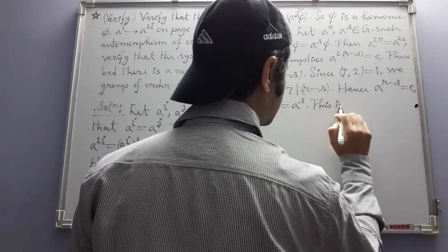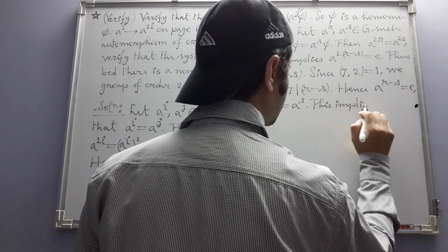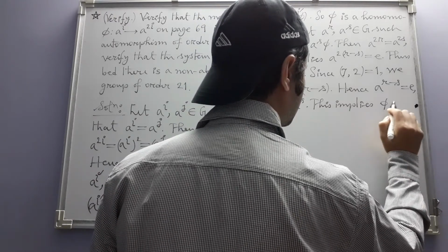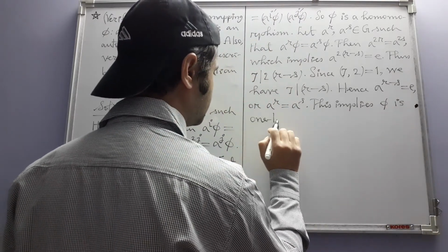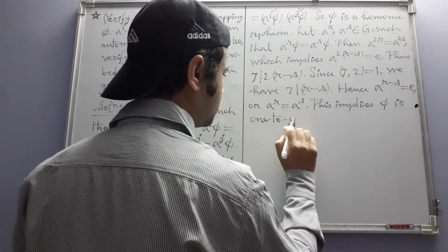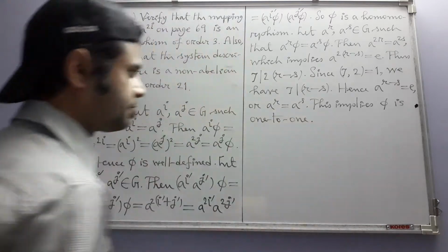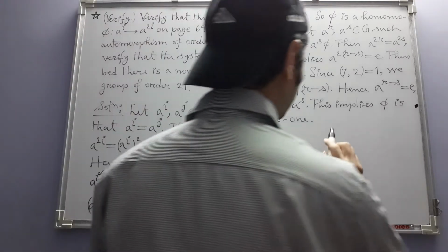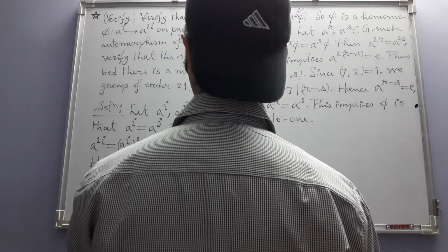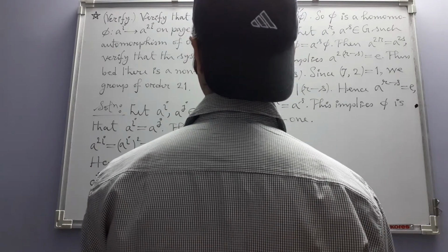This implies phi is 1 to 1. Okay, now next we want to show that phi is onto.